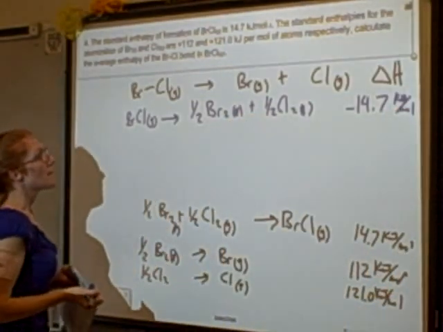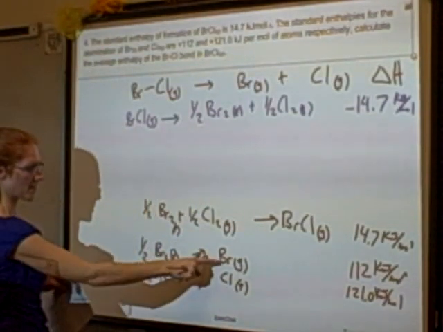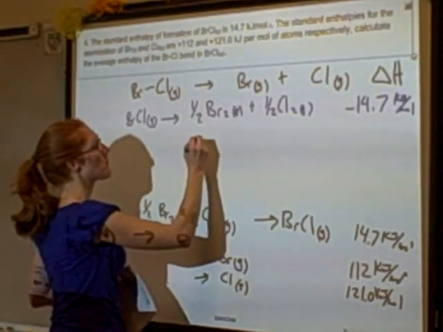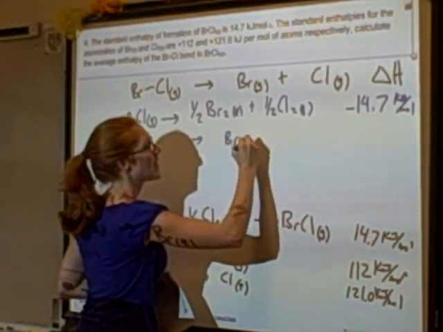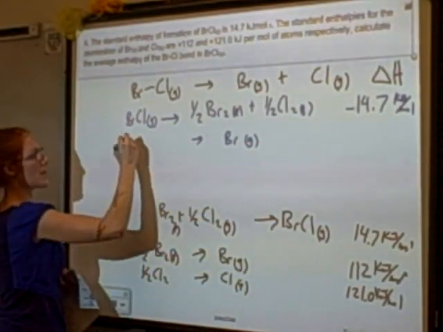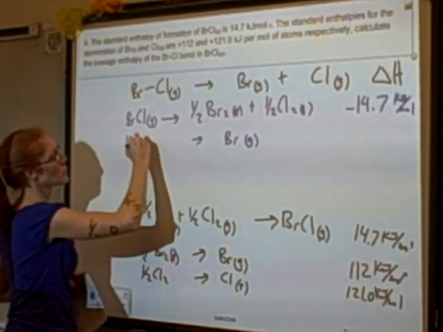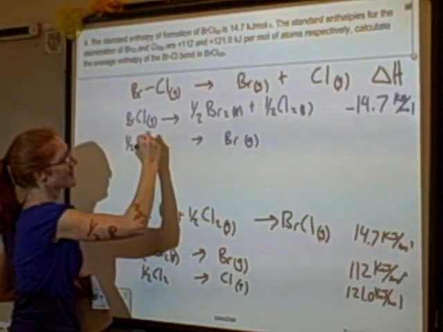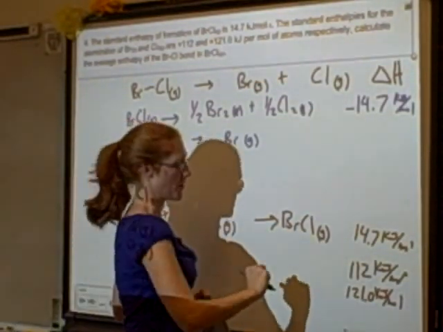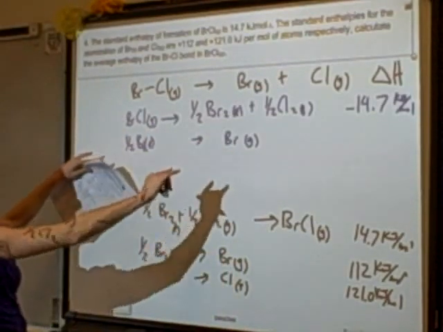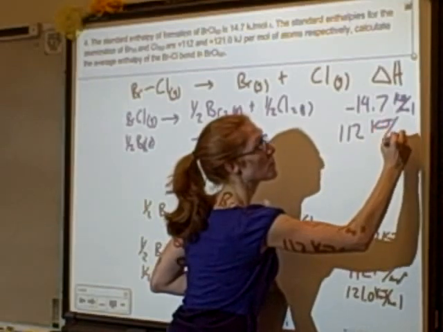All right, and then I know I want to form 1 mole of bromine gas. That's happening right there. So I'm forming 1 mole of Br as a gas, and I'm starting with 1/2 of Br2 as a liquid, and I can see the change there is that 112 because I just took that step and wrote it in the same order. 112 kilojoules per mole.